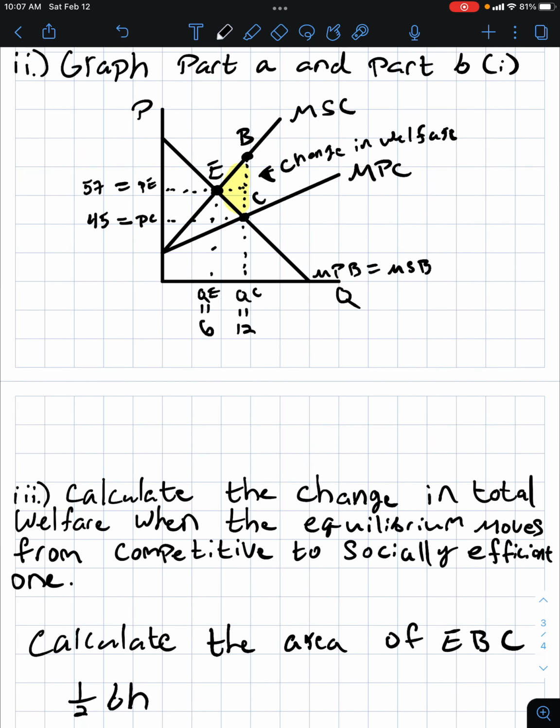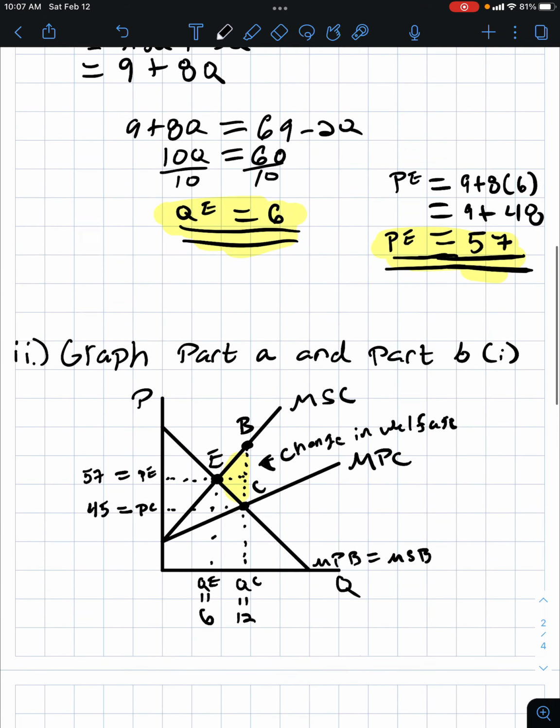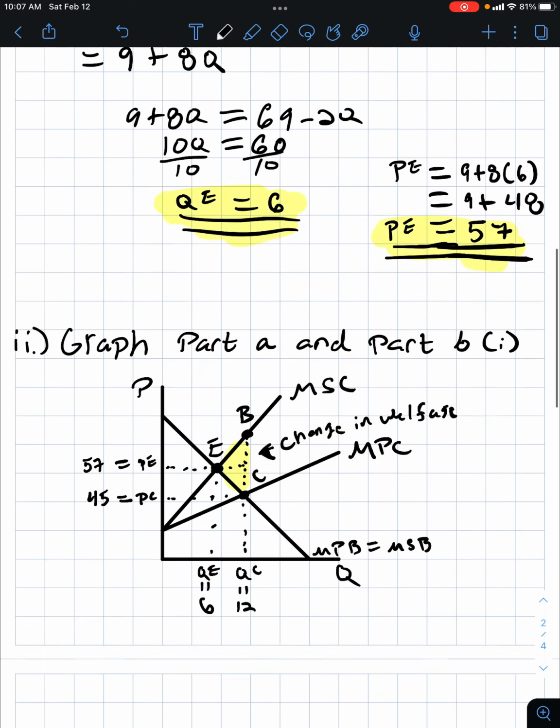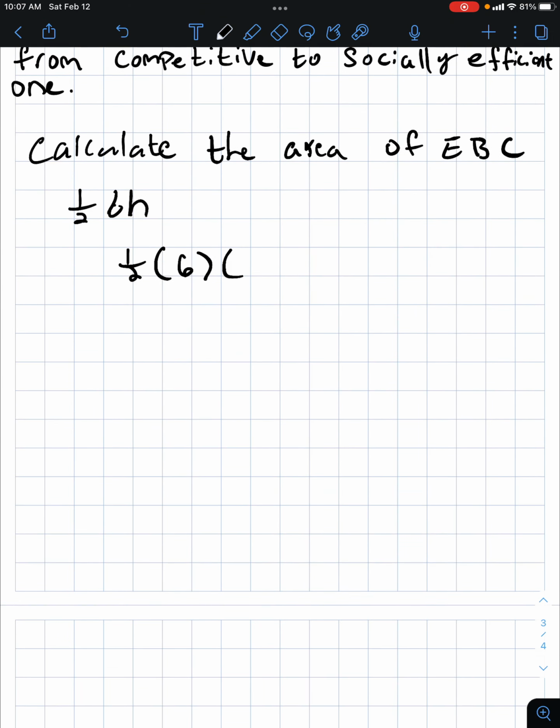And our height will be, well, we need to find this point B, the price of point B. To do that, we plug in 12 into our marginal social cost equation, which was 9 plus 8Q. So marginal social cost at a quantity of 12, we get 9 plus 8 times 12, which gives us 9 plus 96, so this should be equal to 105.